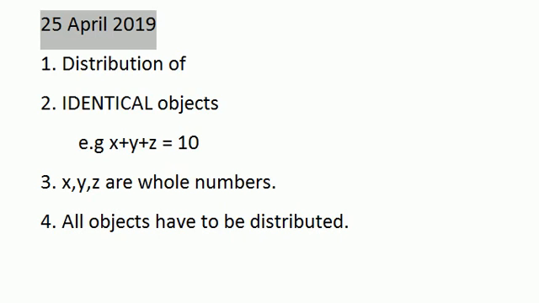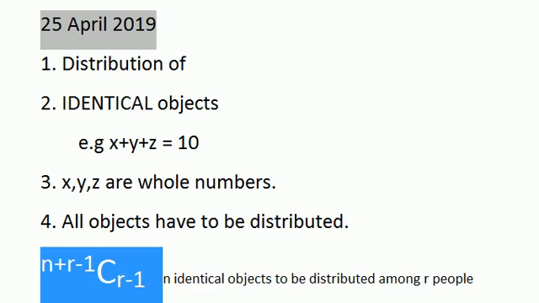Now let us look at the answer, which is a formula you will have to memorize. So the formula is n plus r minus 1 C r minus 1, where n identical objects have to be distributed among r people, where one or more than one person may get 0 also.